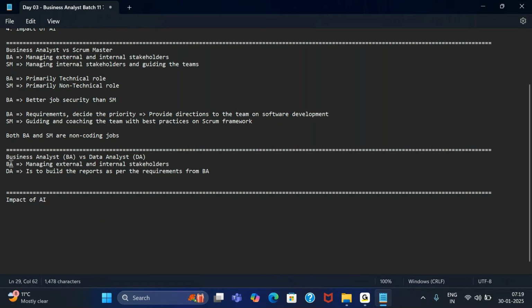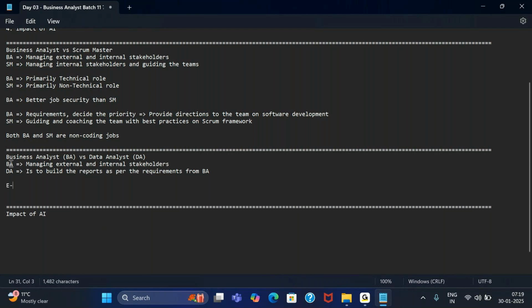So, let me give you an example. Suppose I own an e-commerce company and I want to know about the sales report. I want to know on a monthly basis how much sales I am making. As leadership, as someone who leads the e-commerce company, I want to know how much sales we are making every month, so that I can identify whether our sales are increasing, decreasing, or stagnant, and then I can accordingly take corrective action.